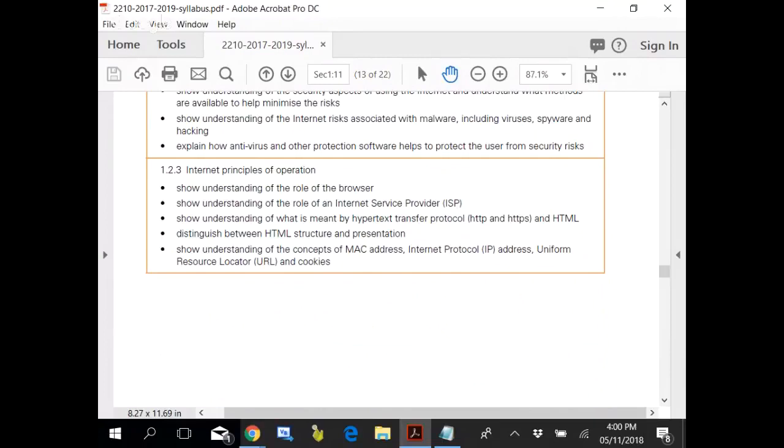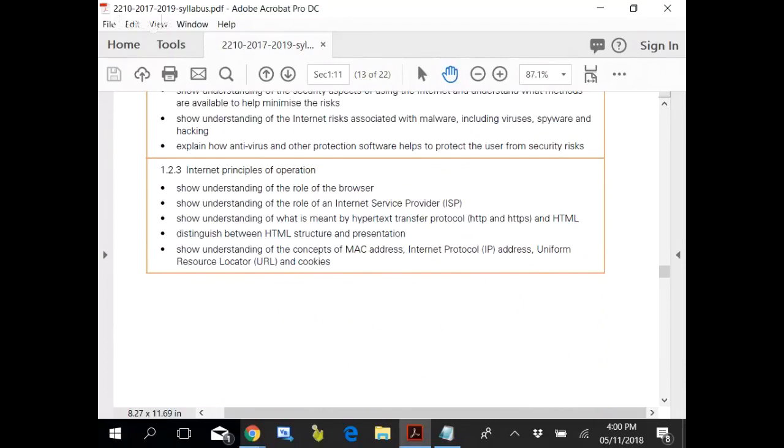Now, to understand what is meant by Hypertext Transfer Protocol, I explained. And HTML. HTML is the language which you require to make those pages which you need your browser or others' browsers to show. So it's like a skeleton to our body.